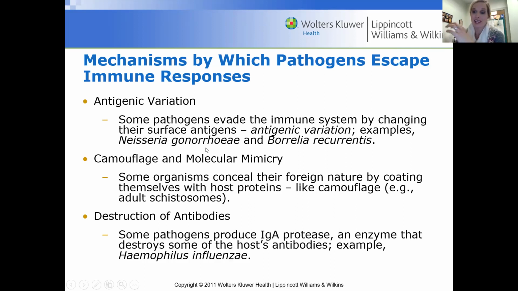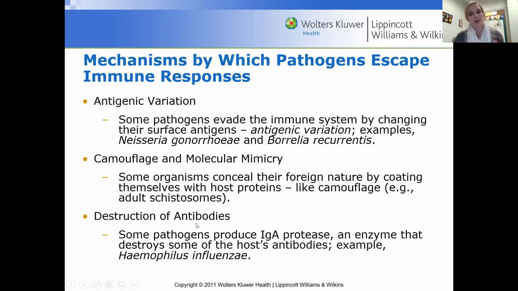But sometimes pathogens can change the shape and what those look like, so that as our immune system is looking for these pathogens, we can't find them because they look different. That's antigenic variation. Then camouflage or molecular mimicry: some organisms can conceal their foreign nature by coating themselves with the host proteins. So they use items from the host's own body. It works as a kind of camouflage.